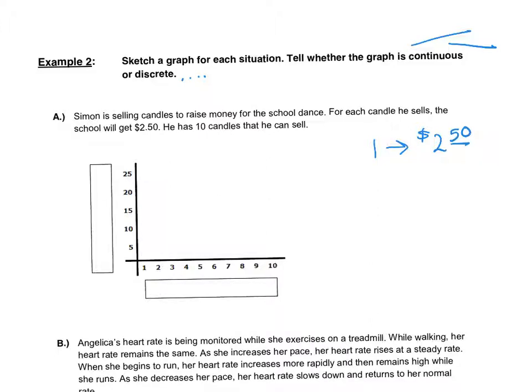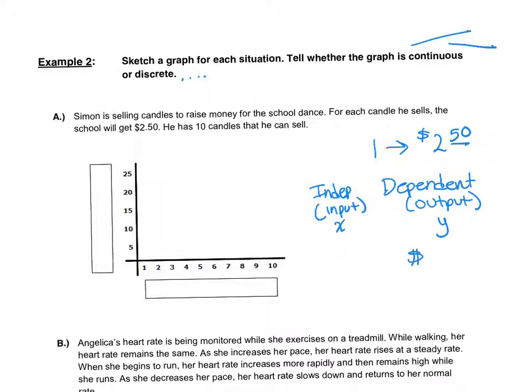So, first of all, who is the dependent and the independent variable? Remember, the dependent is the output. The independent is the input. Independent would be X, dependent is Y. So in this case, the amount of money that is being made depends on the number of candles that are sold.